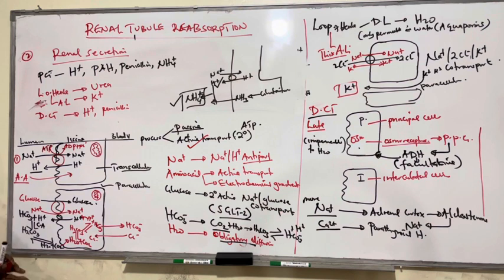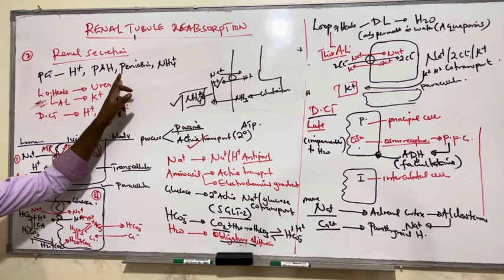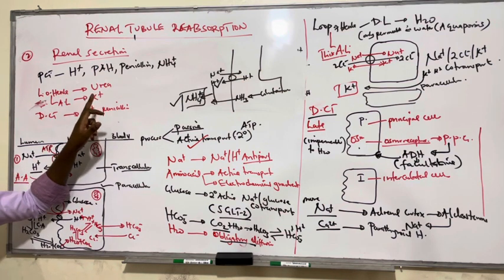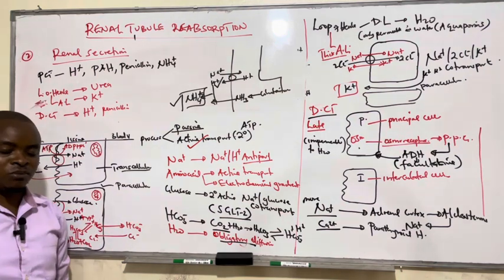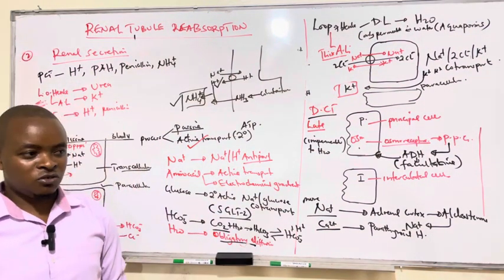And that is what we can talk about under renal secretion. So substances which are secreted by the kidney are hydrogen ions, para-aminohippuric acid, penicillins, ammonium ions, urea, and potassium. These are the only substances that are secreted into the tubules.